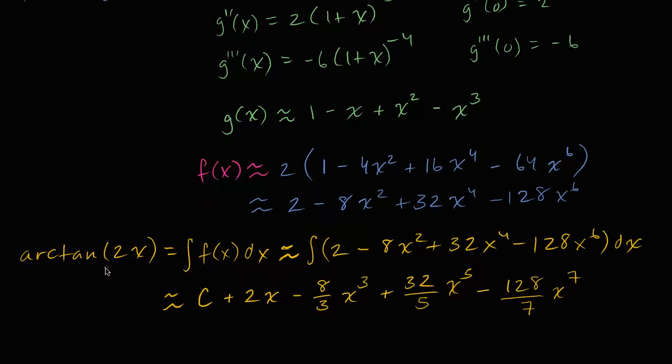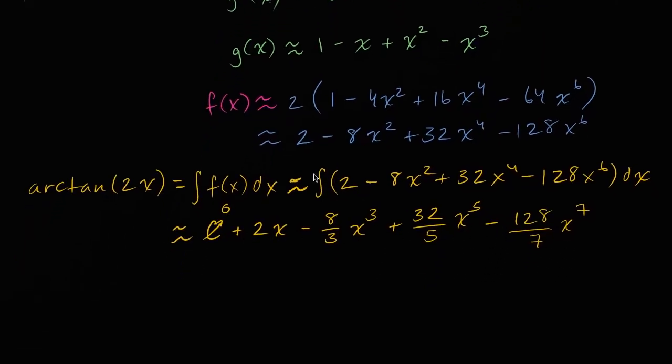We're centering at 0, so our approximation evaluated at 0 better be the same thing as the function evaluated at 0. Well, arctangent of 2 times 0 is just going to be 0. And so when you evaluate this at 0, c must be equal to 0 if we want this thing to be 0 when x is equal to 0. So just like that, we're done.